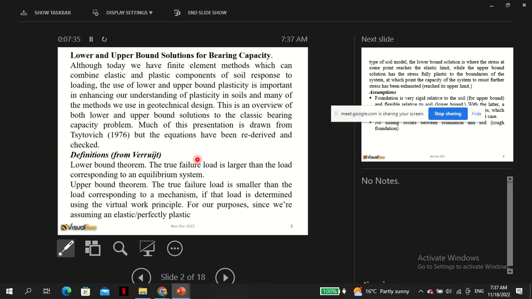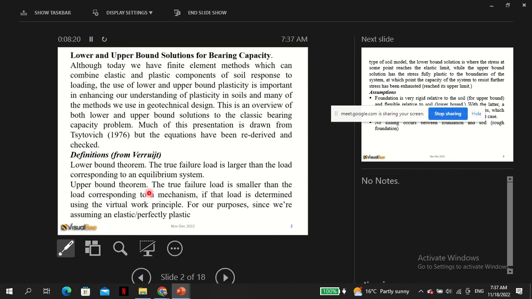But the lower bound theorem says that the load we are computing at equilibrium is lower than the true failure load. So the assumption we are making is underestimating the actual bearing capacity strength. But the upper bound theorem says the true failure load is smaller than the load corresponding to a mechanism, if that load is determined using the virtual work principle.